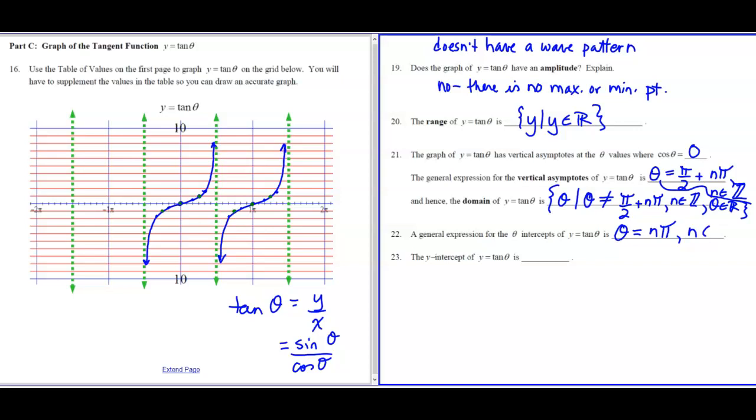It's not technically a rational function, but if we look at it in fraction form, once again, the asymptotes are where the denominator is 0, and the x-intercepts are where the numerator is 0. We're going to have to find descriptions for this function for sure. Okay, and then the y-intercept of tan theta is 0.